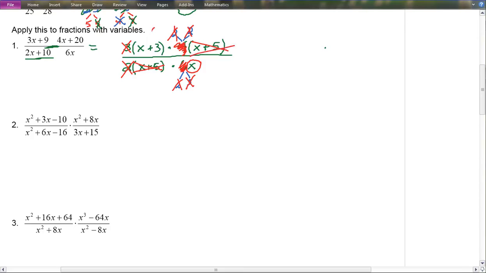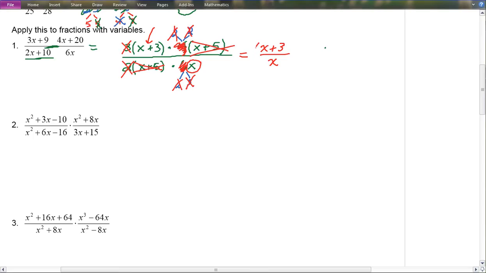So really, the only part that's left that didn't cancel out on top is x plus 3. And on the bottom is just x. Okay? So the final answer is x plus 3 over x.